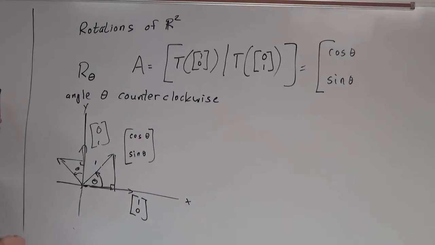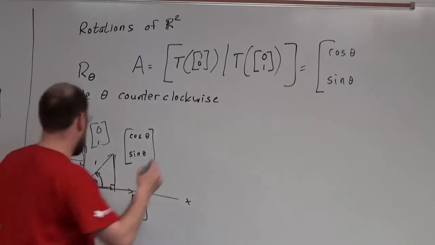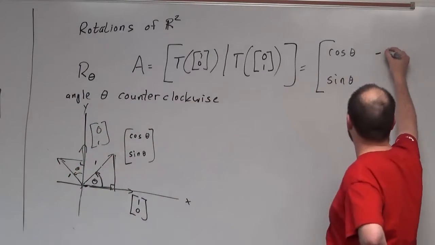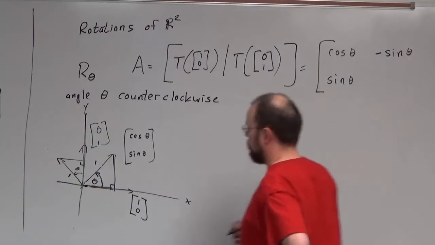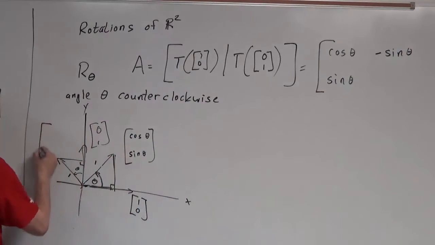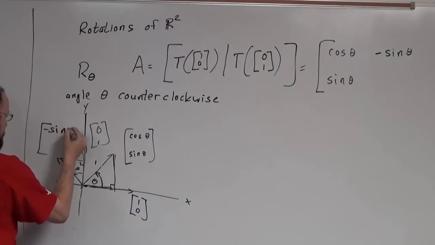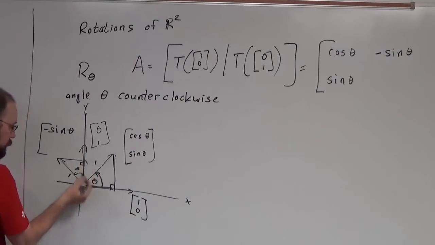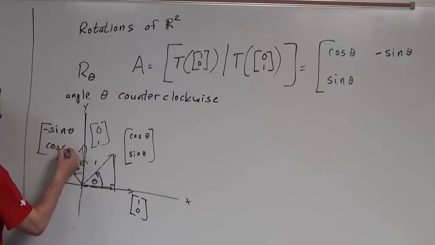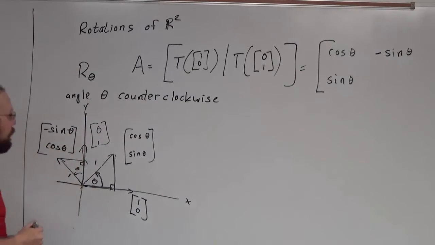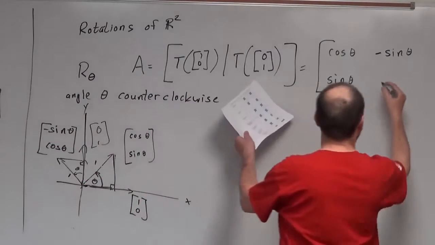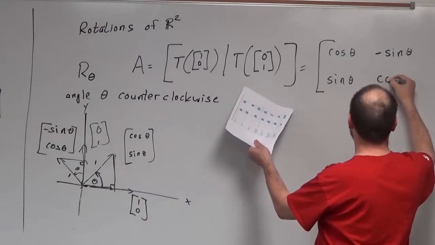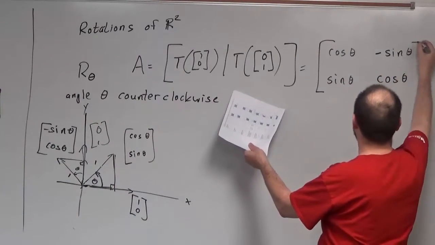And it would be given by negative sine of theta. And the y component is positive, and that would be adjacent over hypotenuse, cosine. So the transformation takes that standard basis element and gives you (negative sine theta, cosine theta).